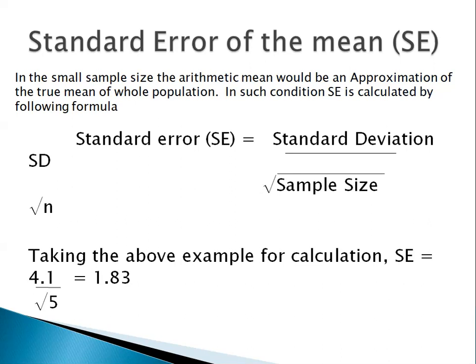With a small sample size, the arithmetic mean would be an approximation of the true mean of the whole population, and it is calculated by the standard error. SE is equal to the standard deviation, denoted by SD, divided by the square root of the sample size, that is n. Taking the previous value, the standard deviation we calculated is 4.1, and n is equal to 5, so the square root of 5. If you solve this, you will get the answer 1.83.